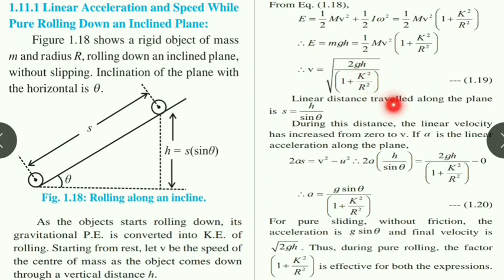Therefore k square upon r square becomes 0, and we get a equals g sin theta. Therefore for pure sliding without friction, the acceleration is g sin theta, and the final velocity is square root of 2gh. Here again k square upon r square becomes 0 for pure sliding.